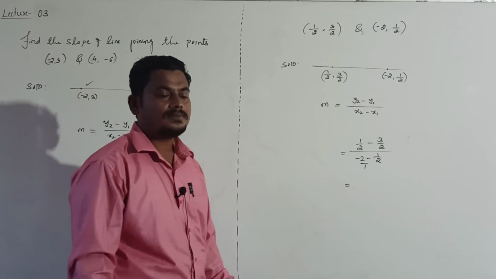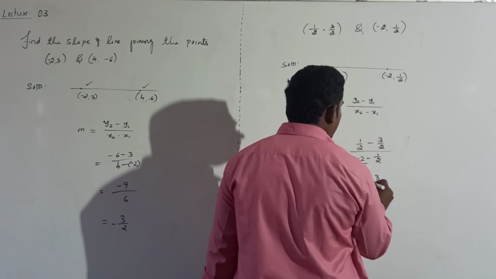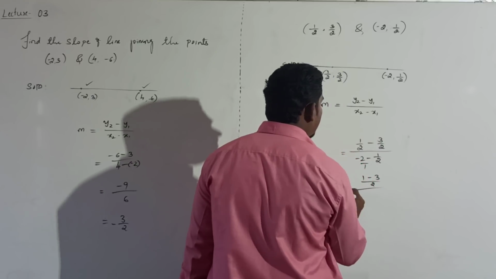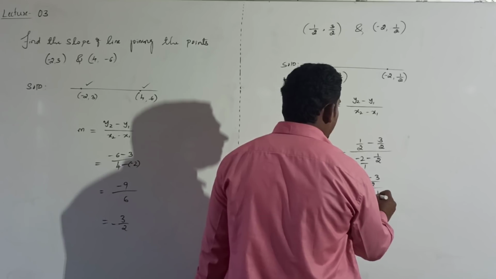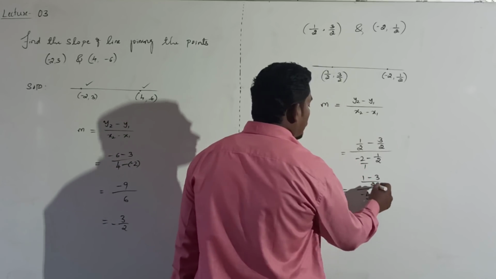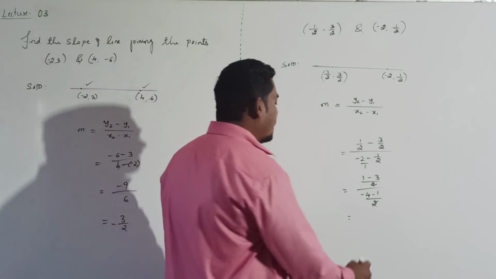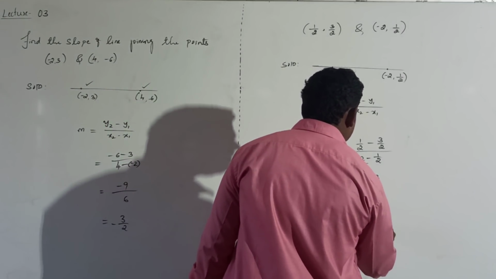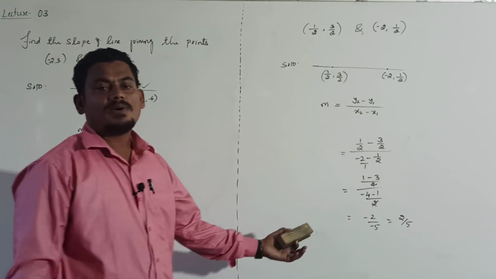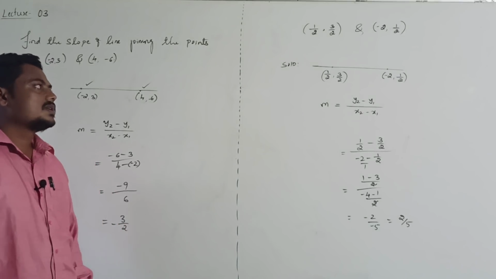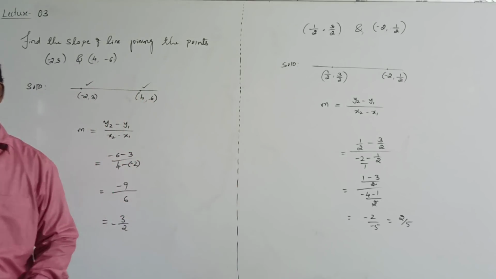Nothing is given means 1. LCM means 1 minus 3 divided by 2, whole thing divided by, taking LCM in the numerator as well as in the denominator, minus 4 minus 1 divided by 2. 2 to get cancelled, that's equal to minus 2 divided by minus 5, that's equal to 2 divided by 5. 2 divided by 5 is our required slope. Slope of line joining these 2 points is plus 2 divided by 5, right?